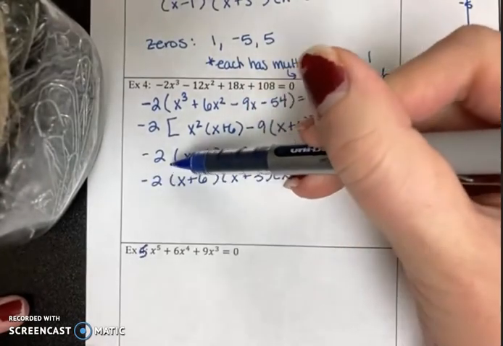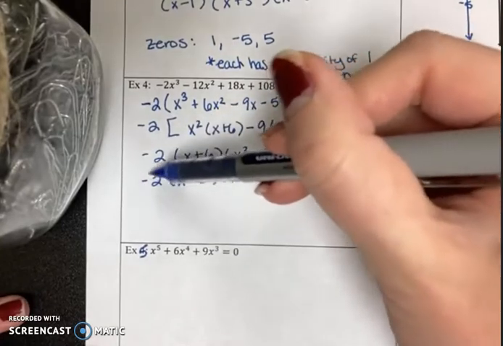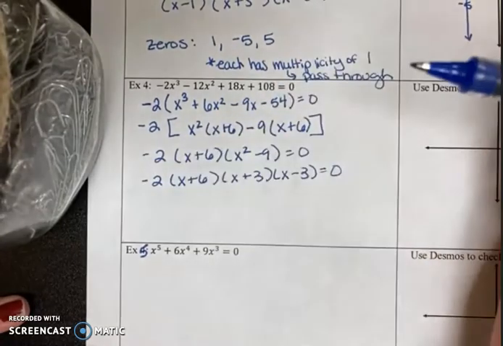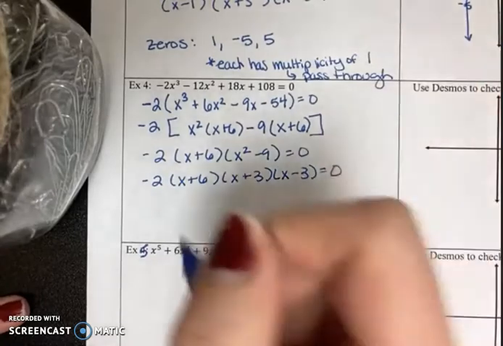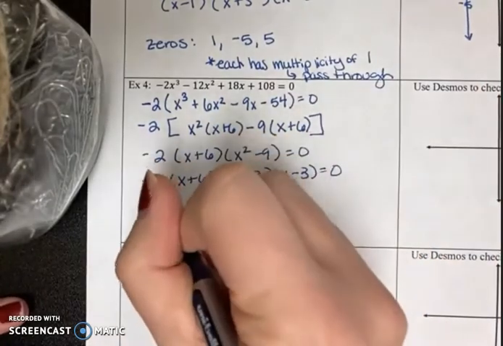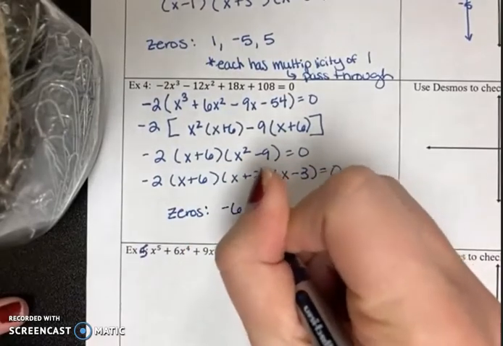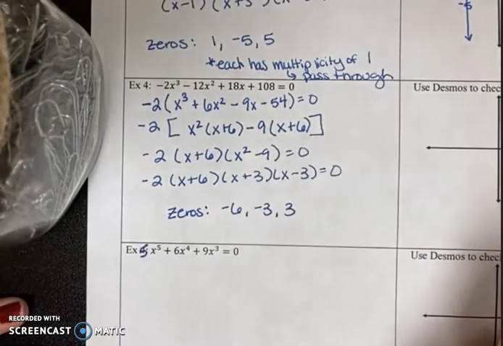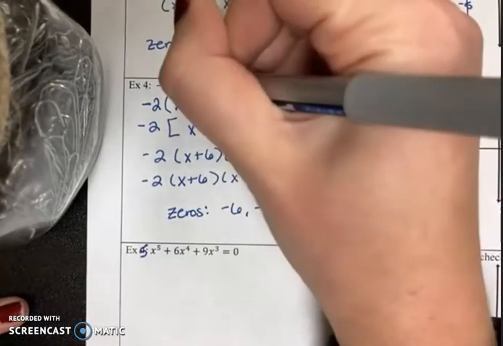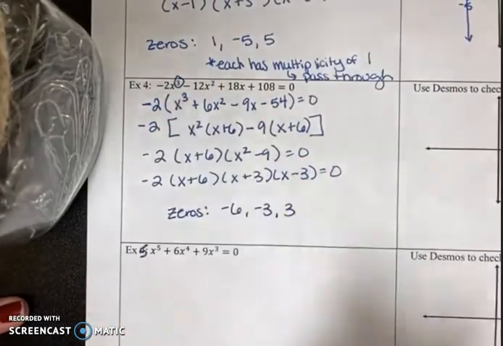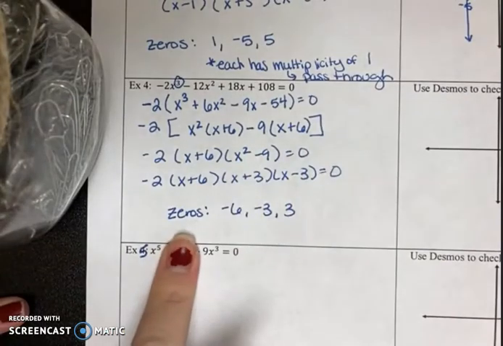Negative 2 does not ever equal 0, so in this case the GCF does not give us a 0, but each of these binomials will. There are zeros of negative 6, negative 3, and positive 3. Keep in mind, our original polynomial was to a degree of 3, so we should have 3 zeros.